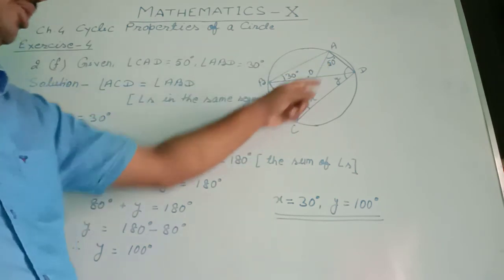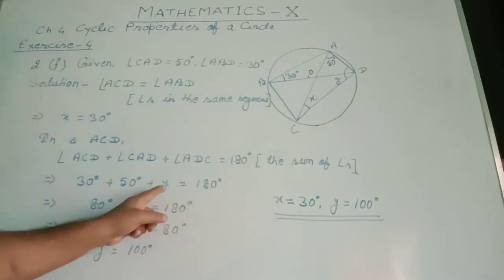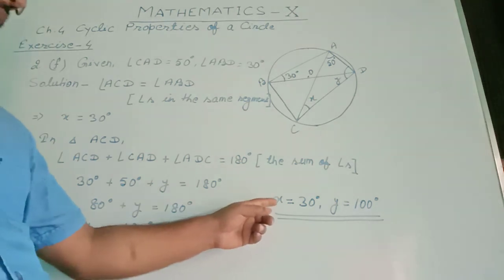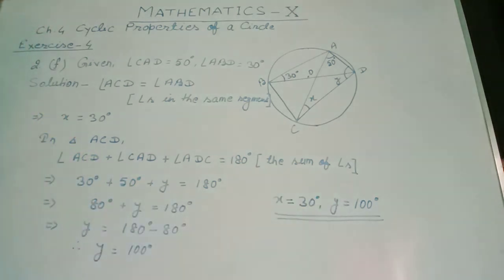CAD is given 50 degree and ADC is Y, that is equal to 180 degree. 30 plus 50 equal to 80 degree plus Y equal to 180 degree. So Y equal to 180 degree minus 80 degree, Y equal to 100 degree. In this way we get the value of X and Y, X equal to 30 degree and Y equal to 100 degree. That is the answer.